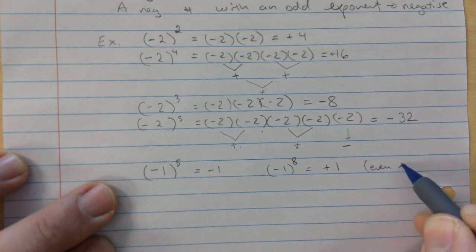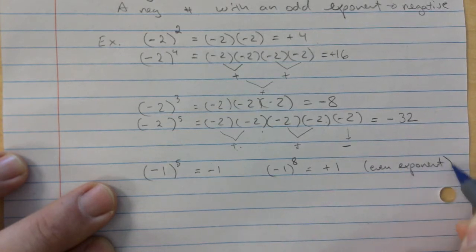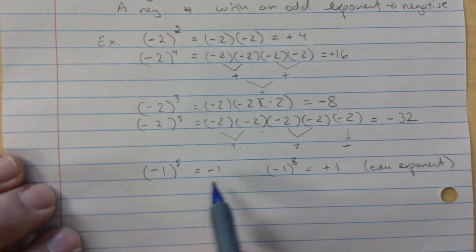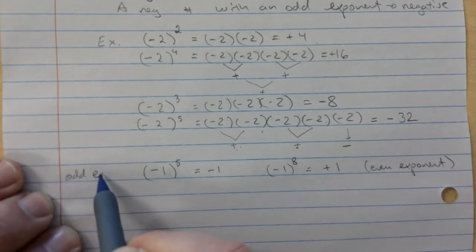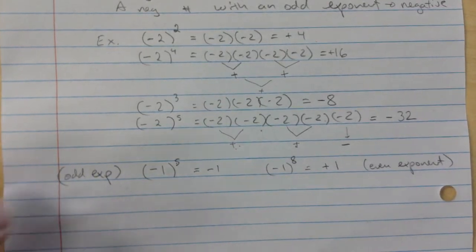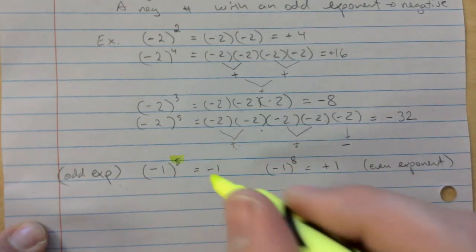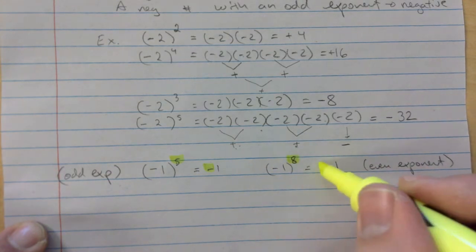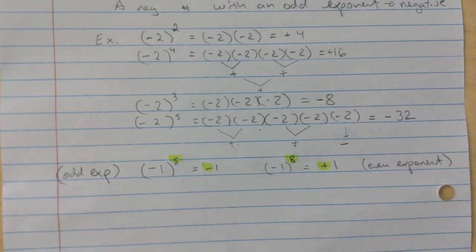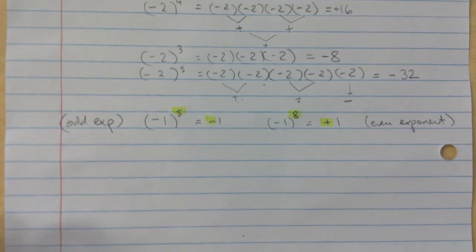This is an odd exponent. It's huge. You might think, yeah, I got it. But later on, this is going to be in there with a bunch of other stuff, and if you miss that point, it's going to frustrate you quite a bit.